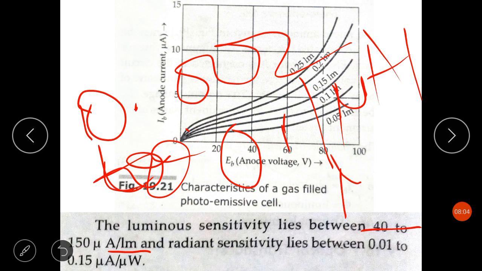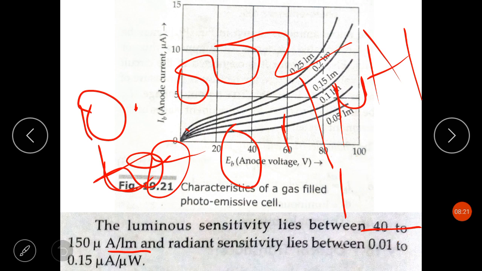So this was the radiant sensitivity in case of the vacuum type photocell, and because of the gas type photocell, this radiant sensitivity got increased to 0.01 to 0.15 microampere per microwatt.